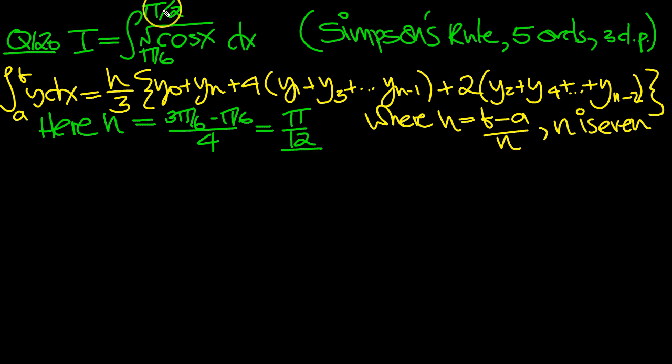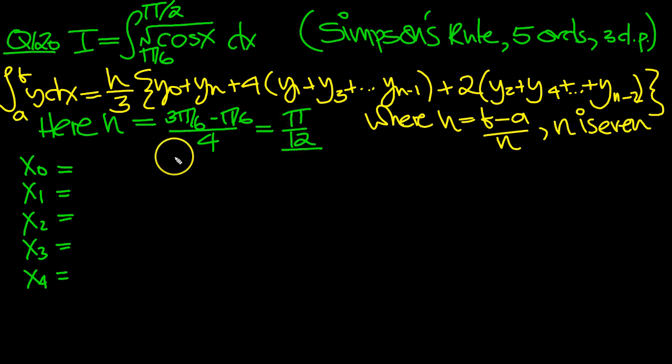So we need to write them out in pi over 12, and increment by pi over 12. 5 ordinates, so let's write them down. There they are there. There's the 5 ordinates. Start from pi over 6, but we're going to write it in the equivalent fraction form, so that's 2 pi over 12.